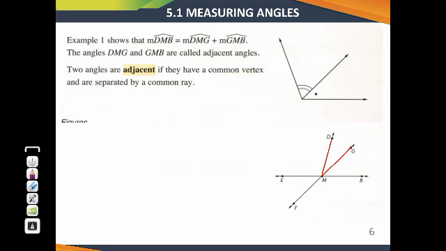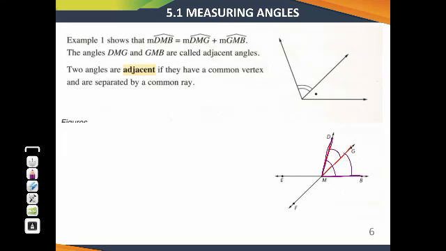This is point D, to M, to B, DMB, this angle, is equal to DMG plus GMB, of course. DMG, this part, this angle, plus GMB, this part.